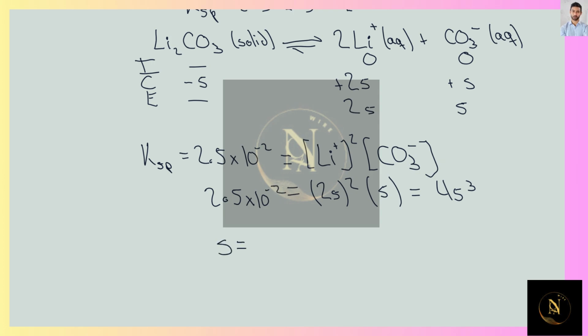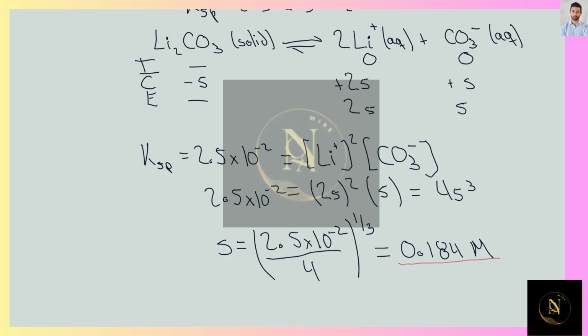So S is going to be the value for Ksp divided by 4, and taking the cube root of this. So the result in this case is going to be 0.184 molar.